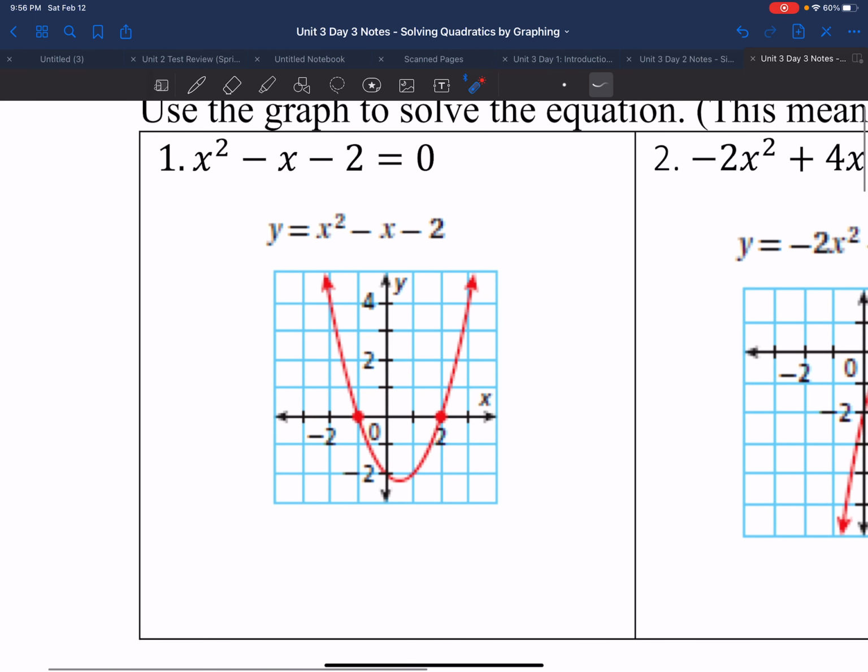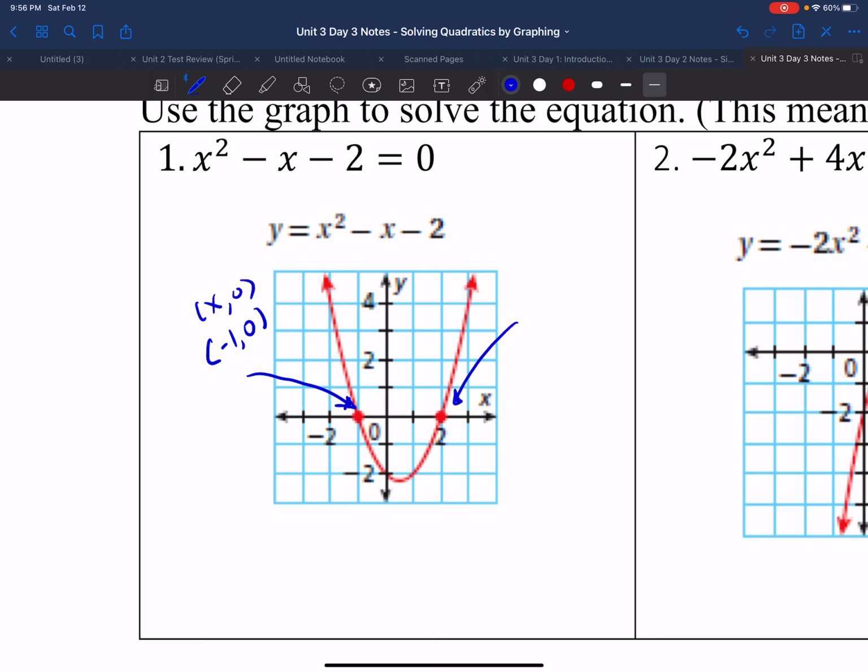Here we have x squared minus x minus 2 is equal to 0, and we're trying to figure out what values are my zeros. There's one over here and one over here. This point is -1 comma 0, in the form x comma 0.